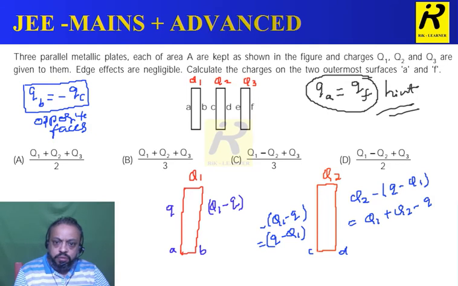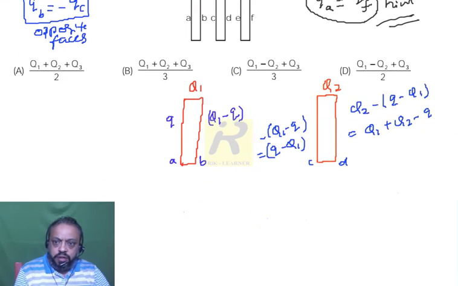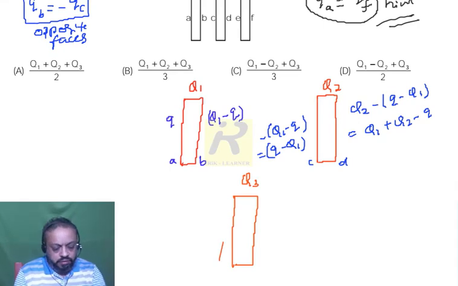Now we have to think over the last plate. See what I am writing. This is the third plate, and on the third plate the total charge is Q3. On this side, the amount of charge should be QD.